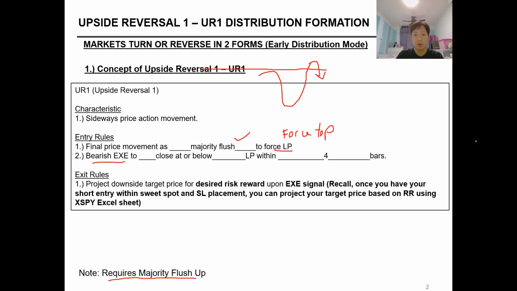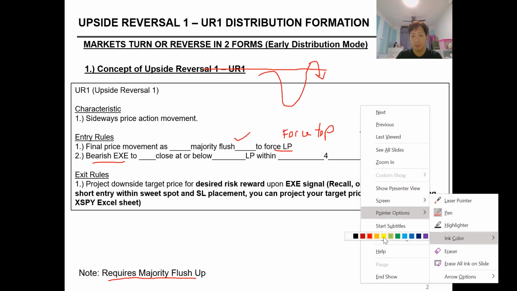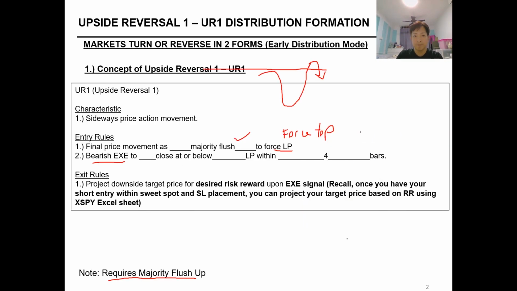The concept diagram is something like this. Let me go into the concept diagram to share with you. Like I mentioned, your UR1 looks like this. Basically you want to see a swing high. When I draw a dash line like this, it just means the same as drawing a line. Sometimes this is my habit, I draw a dot dash line.